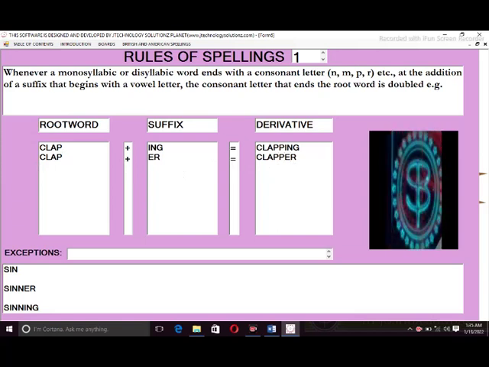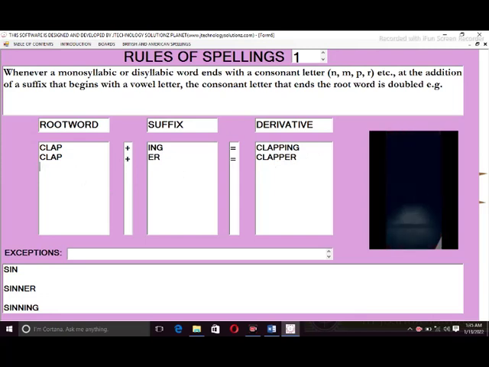Let's look at a disyllabic word, and the disyllabic word we're going to look at is a word like worship.